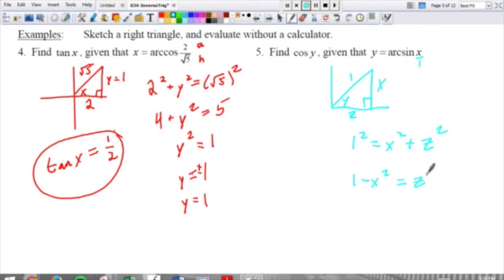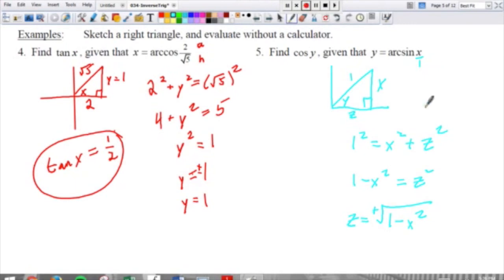I'm trying to solve for z. Z equals positive root 1 minus x squared. Why not the negative root? Because then z would be this way, and then we'd be out of the range for arc sine. Now that's not the most important thing.